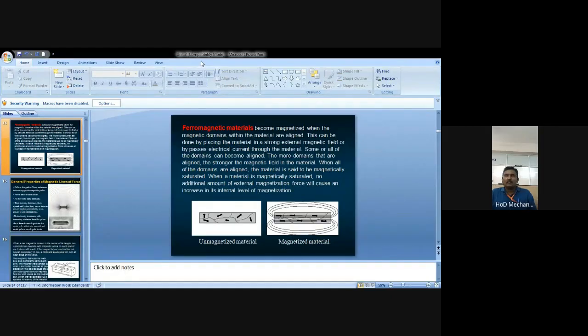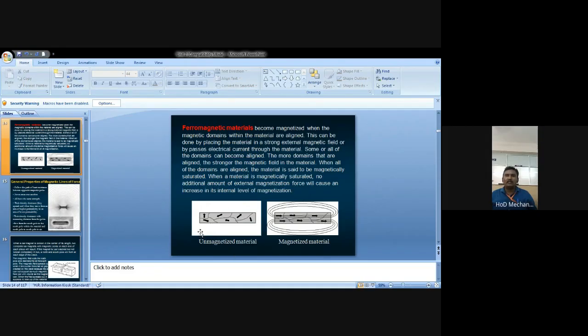The ferromagnetic material becomes magnetized. When a material is magnetically saturated, no additional amount of external magnetization force will cause an increase in its internal level of magnetization. See the picture view: before magnetized, after magnetized.